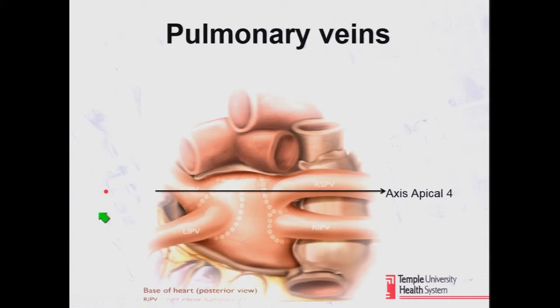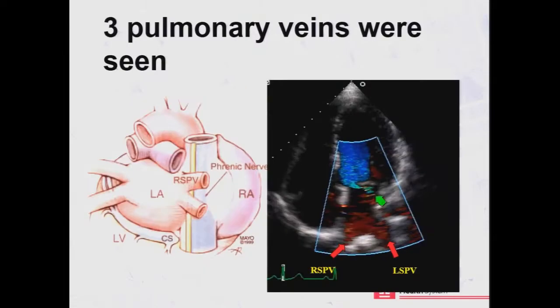This is the axis of the apical 4 that cuts straight through into this picture to show you which veins we're imaging. So if we flip it around, you see the left superior pulmonary vein over here and the right superior pulmonary vein here. From transthoracic imaging, you can only see 3 pulmonary veins.